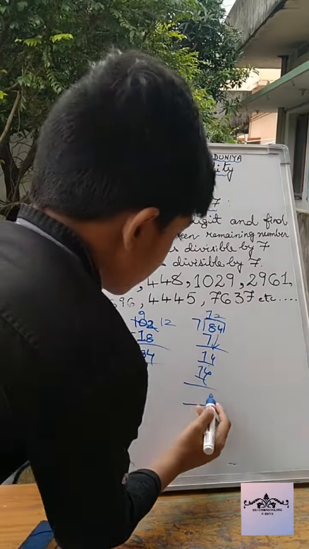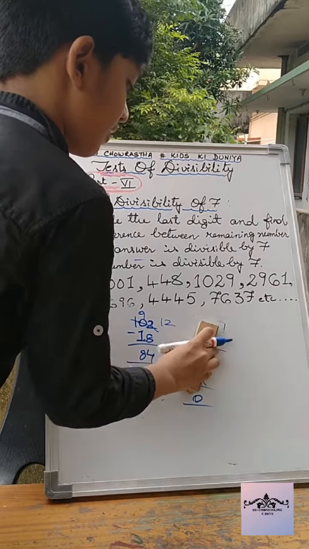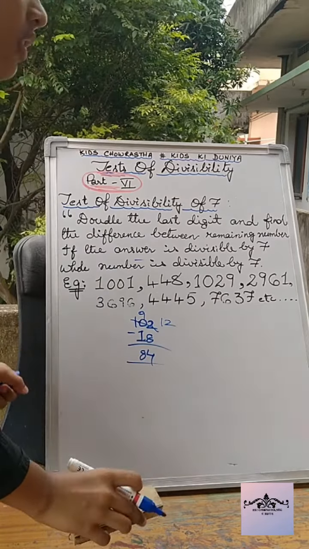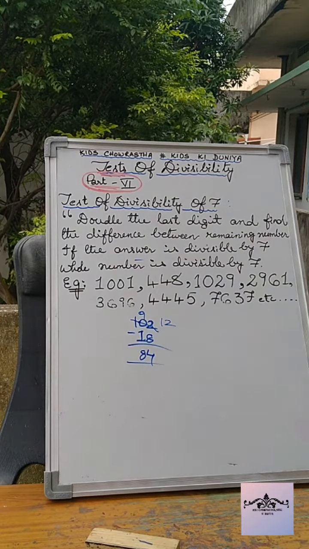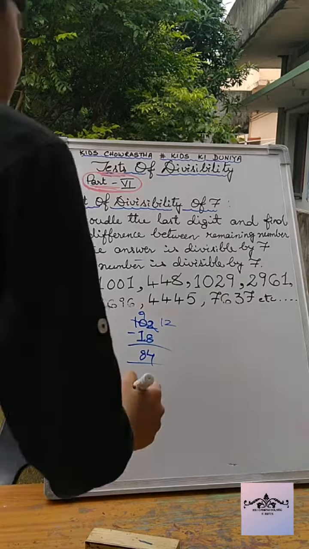Okay friends, 14 minus 14 is 0. So 84 is divisible by 7, right? 84 is also divisible by 7. So the whole number is divisible by 7.